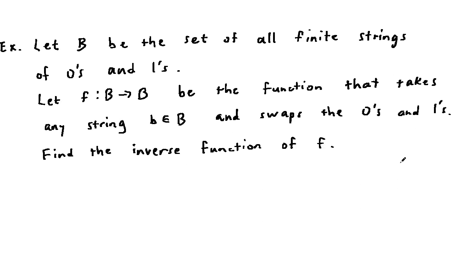Let's do another example. Let B be the set of all finite strings of zeros and ones. Let f from B to B be the function that takes any string b and swaps the zeros and ones. Find the inverse function of f. Since f(b) is the string b with the zeros and ones swapped, to get back to b, we just need to swap the zeros and ones once more.